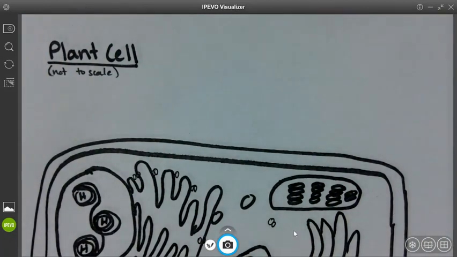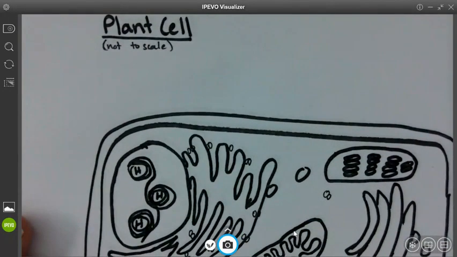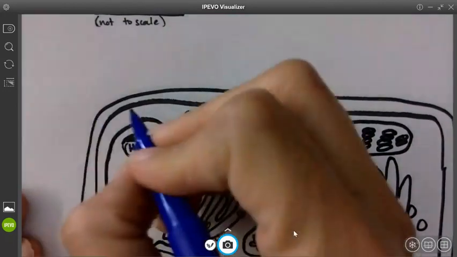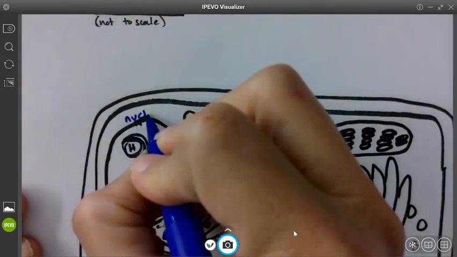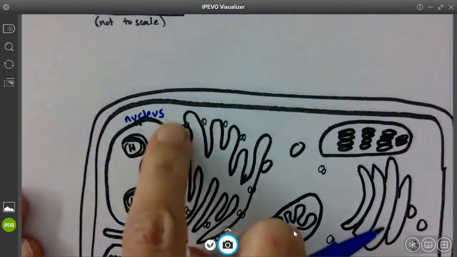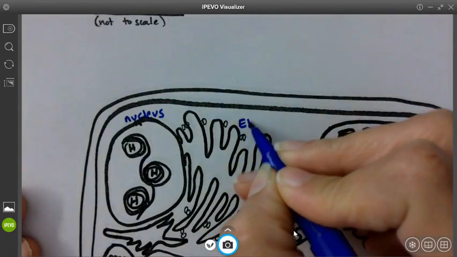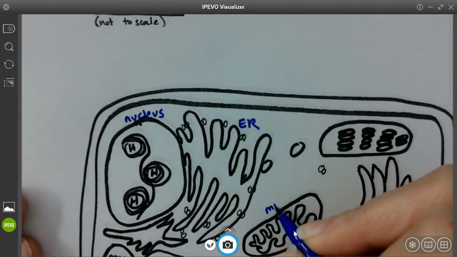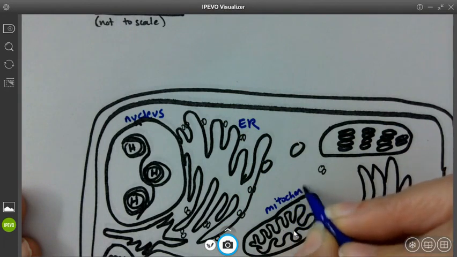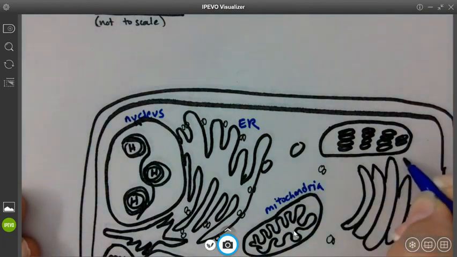Plant cells are also eukaryotic cells, so they have many of the same organelles that animal cells have. So if we do a quick labeling of our plant cells, they have a nucleus, which is an organelle surrounded by a phospholipid bilayer with DNA and the nucleolus inside. They have ER. They have mitochondria. They have Golgi.